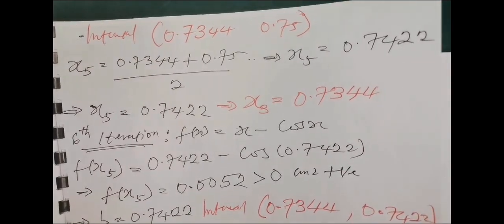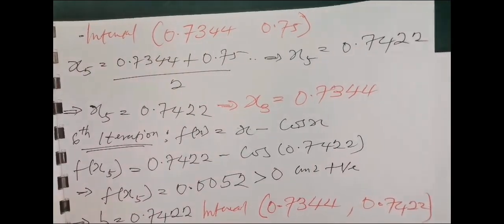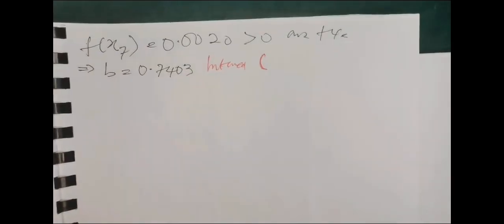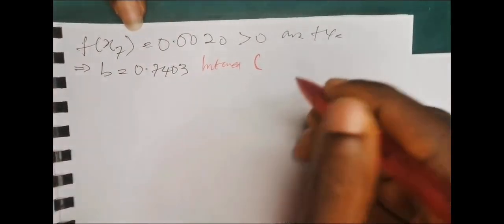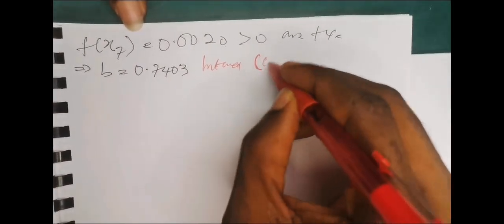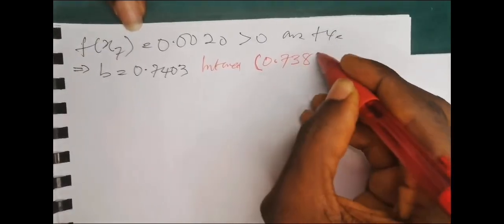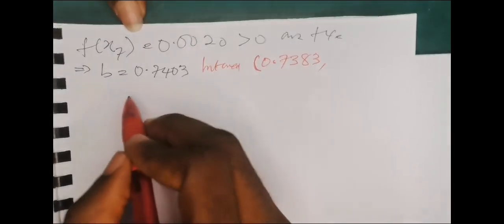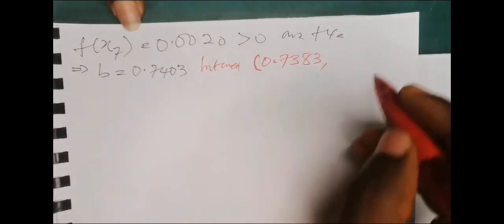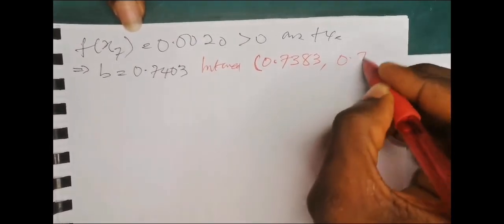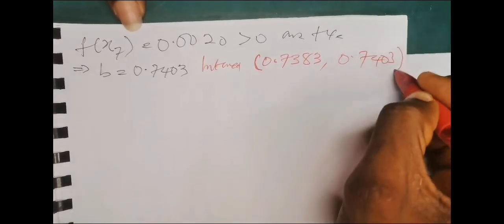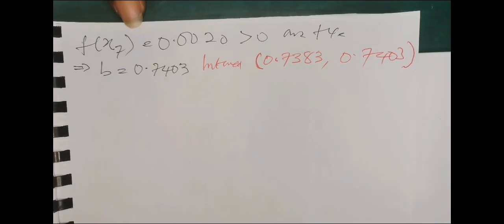From the previous interval, a is 0.7383, and b is now changing to 0.7403. So this is now our new interval.